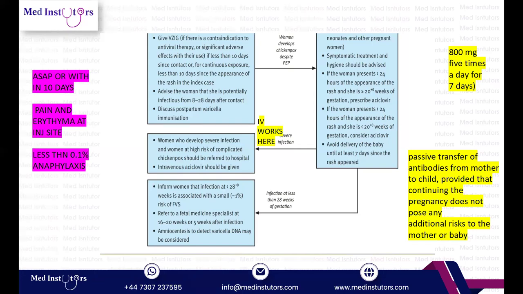One is if the person has only a single exposure or multiple exposures, we have to give it as soon as possible or within 10 days. But if he or she is in direct contact or continuously exposed to that infectious person, we have to give it within 10 days, but we have to count from the appearance of a rash in the index case.